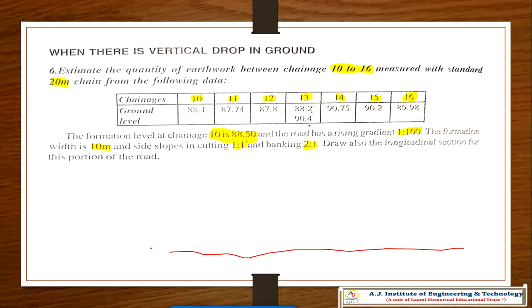We'll take 84. So if I take the datum line as 84.000, the first chainage number 10 is 88.1. Chainage number 11 is 87.4. Chainage number 12 is 87.8.